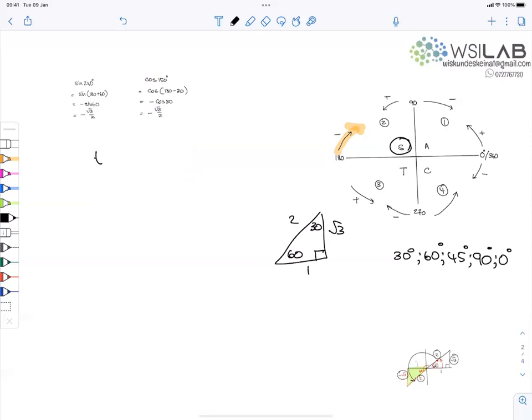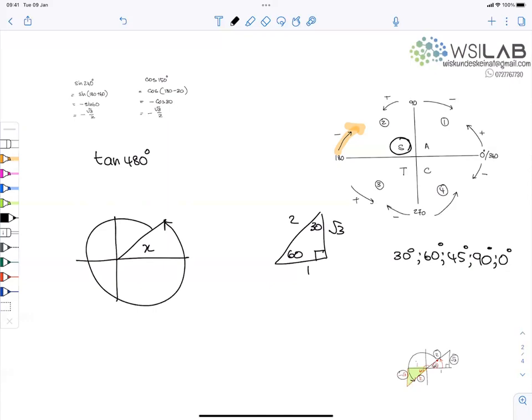Okay, let's do something interesting. Tan 480 degrees. Now, 480 degrees is way more than one circle, isn't it? So let's assume that I have an angle here, any angle, called X. If I add 360, can you see I end up at the same spot?